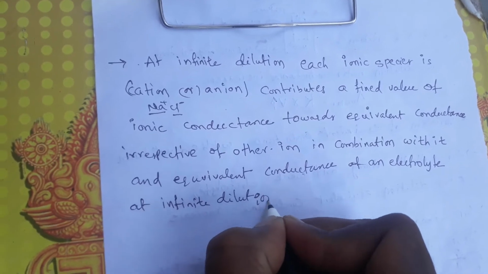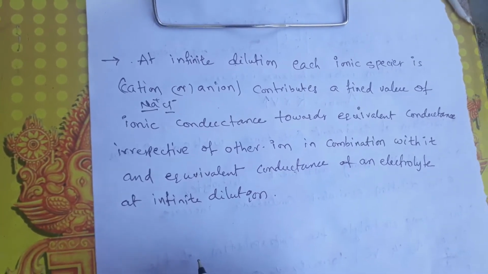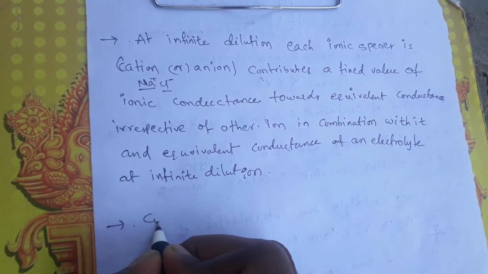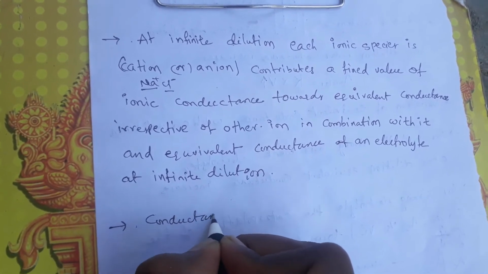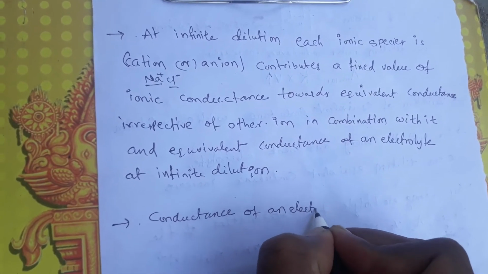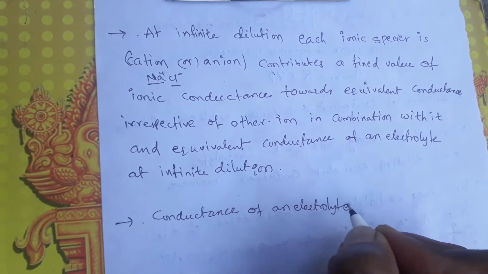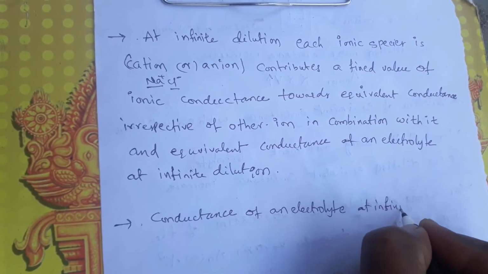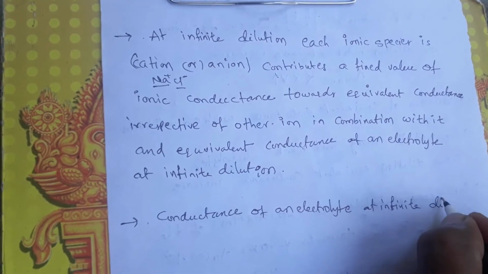So at infinite dilution, what is the meaning of this? It is the conductance of an electrolyte at infinite dilution.